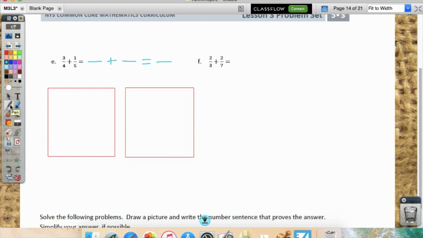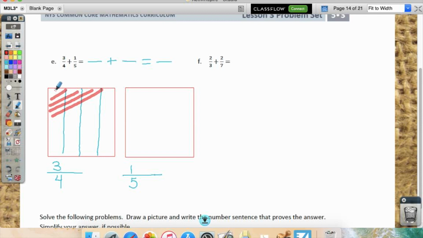Okay, so 3/4 will go here, and 1/5 will go here. And I'm going to divide this into fourths. How many will I shade this time? 3.